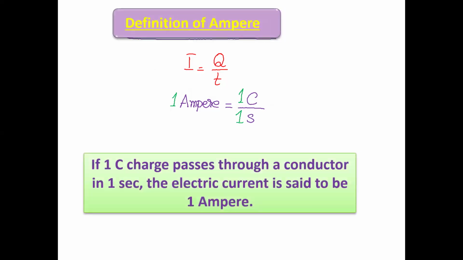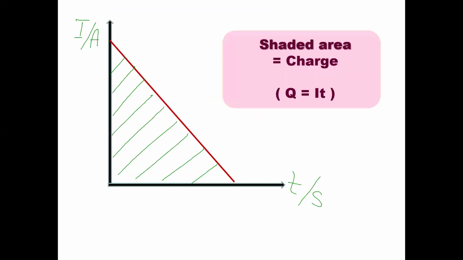If 1 coulomb charge passes through a conductor in 1 second, the electric current is said to be 1 ampere. Any unit in physics can be defined in this way, provided you remember the derived unit and the base units.